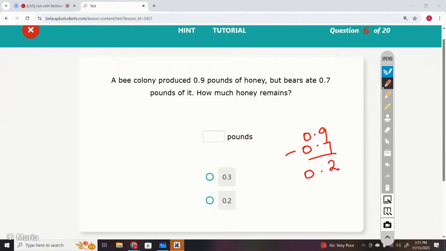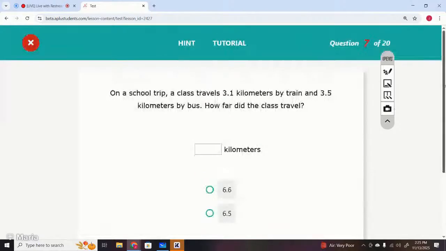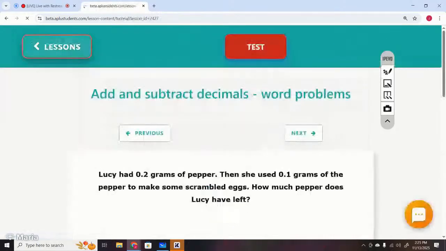That is 0.2. That means the bee colony has 0.2 pounds of honey left. Option number 2 is the correct option. Okay, you can complete the lesson by yourself later today. Let me just move on to the next lesson.